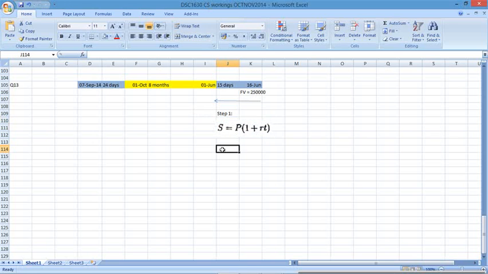There's a simple interest formula. PV equals the 250,000 divided by open brackets 1 plus the rate, which in this case was 0.0765, times the time, which in this case was 15 over 365. Close that bracket.